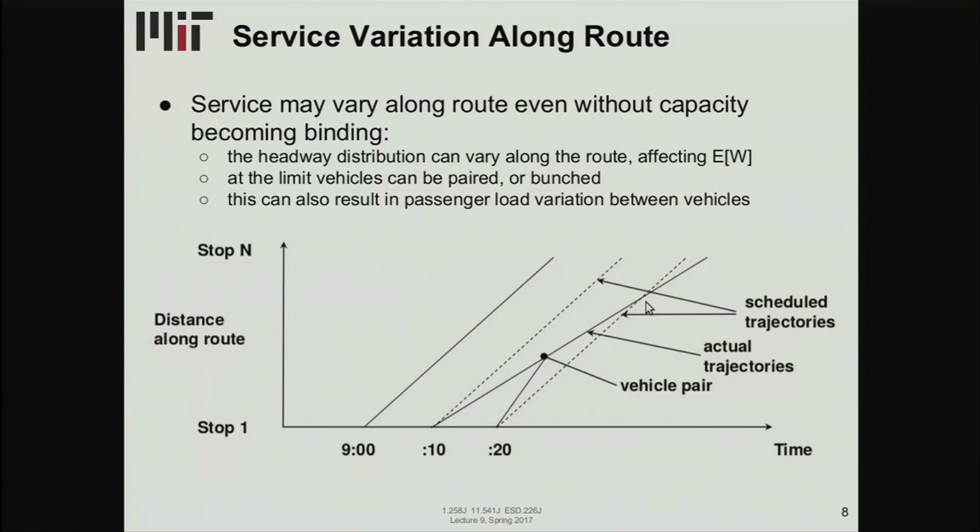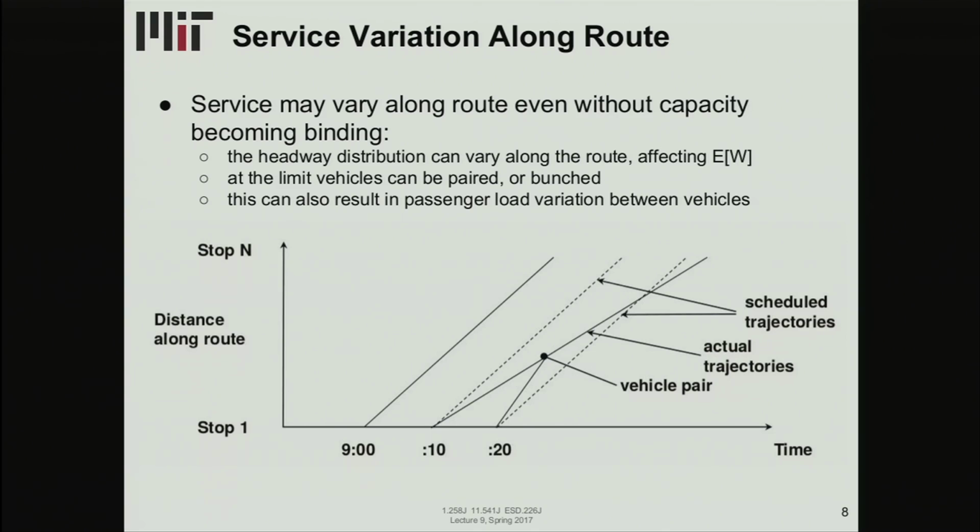So you have some scheduled trajectories in dashed lines. We're essentially planning to run service every 10 minutes, departing from stop 1 at 9, 9:10, 9:20, etc. And if things run according to plan, you will keep a 10-minute headway throughout the route. But that's not what happens.